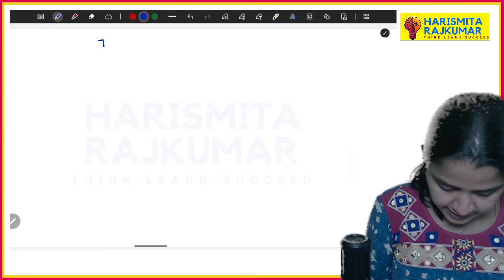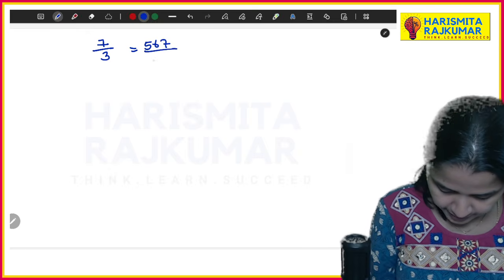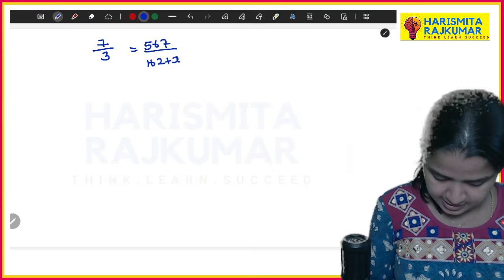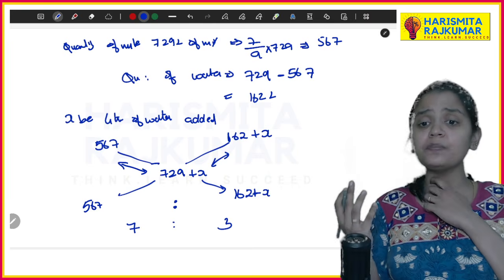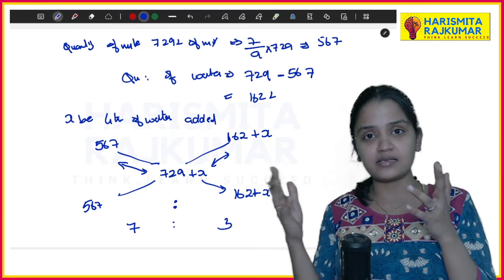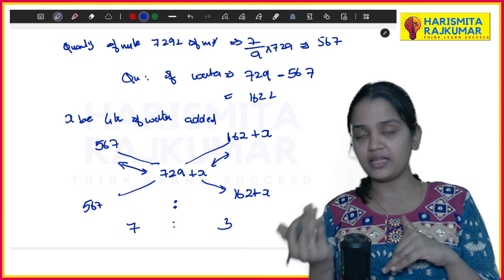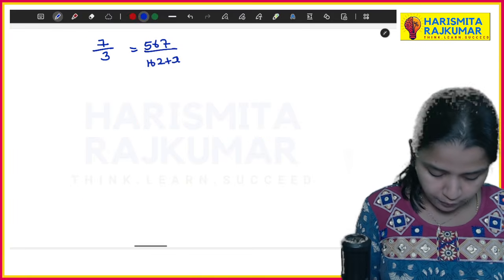So now I'm taking it as 7 by 3 is equal to 567 by 162 plus X. Cheaper by dearer, or if you're doing it vice versa, D minus M by M minus C. That formula which you haven't known, go check it out. So I'm using that formula.